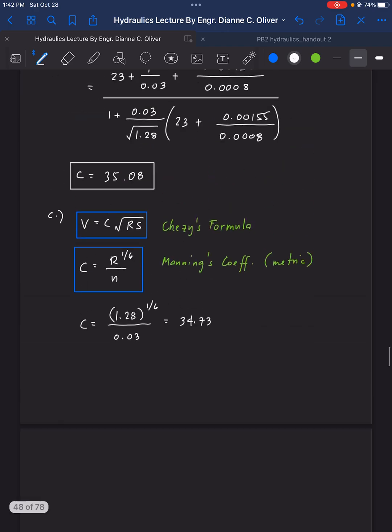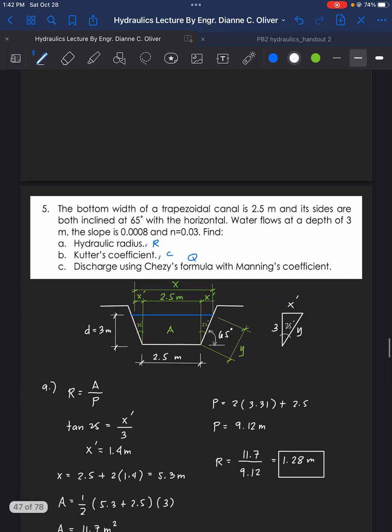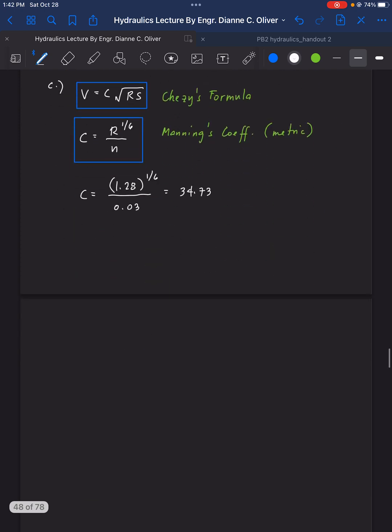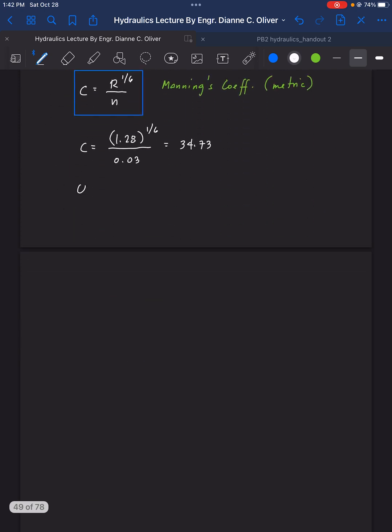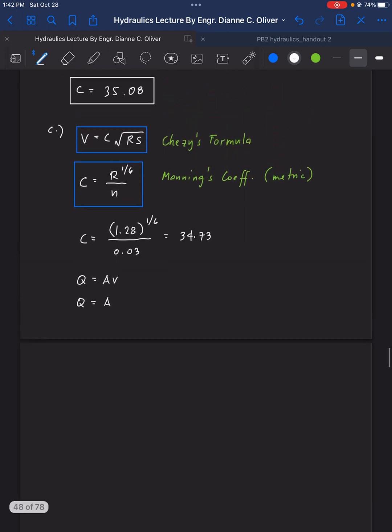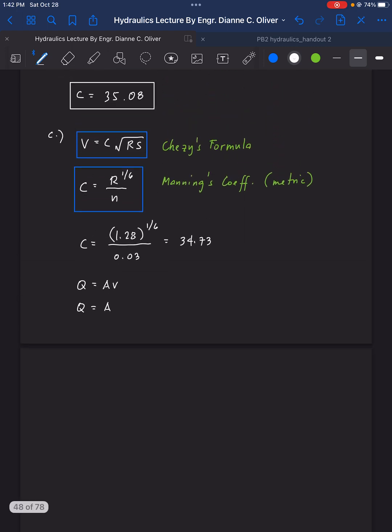Now we're looking for the discharge for letter C using Chezy's formula. So for discharge Q, we have area times the velocity, using Chezy's formula, that is C square root of RS.